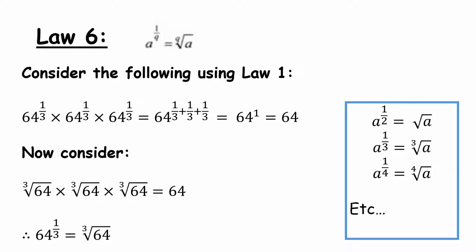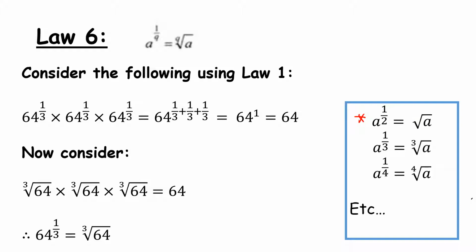Just take time to note, in particular this one here, a to the power of a half, because we never write the 2 in a square root. It's similar to the reason we don't write a 1 in our power, or if I have an x, I simply write x instead of 1x. It's more of a time-saving thing. So notice that if I simply have a square root, that 2 doesn't really appear.